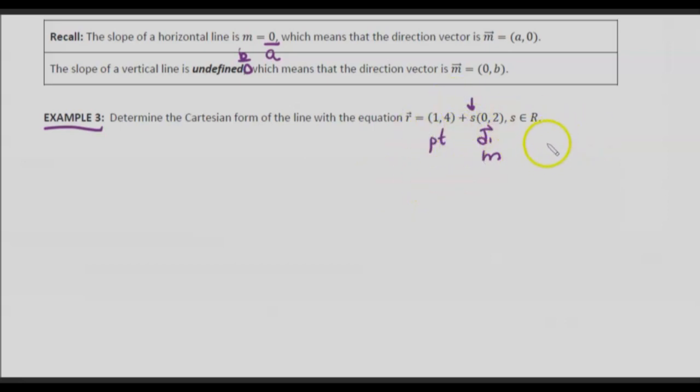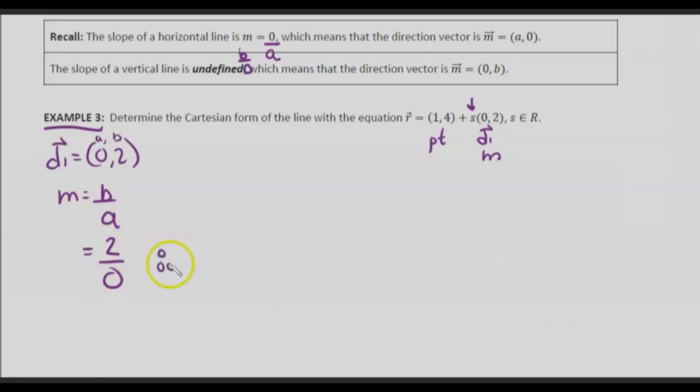So in other words, let's talk about this slope. The direction vector, I just put it D1, is 0 comma 2. So what that means, since this is a comma b, we know that the m is going to be b over a. So in other words, it's going to be 2 over 0. As soon as we see 2 over 0, we can say the slope is undefined.